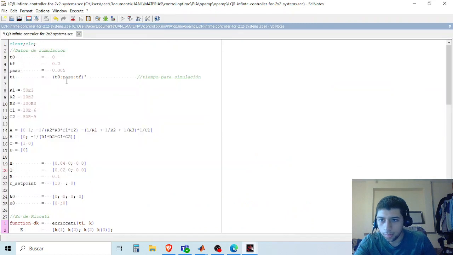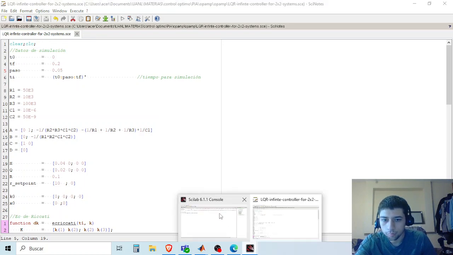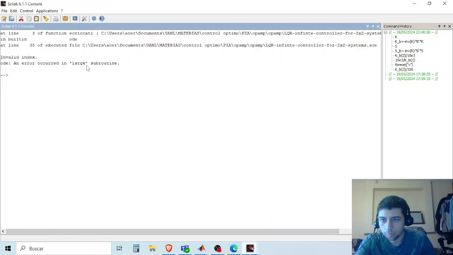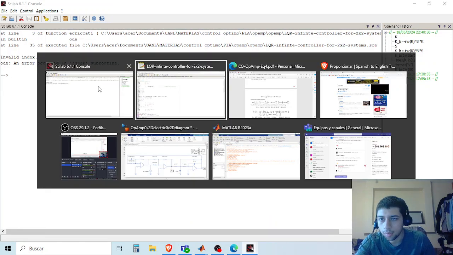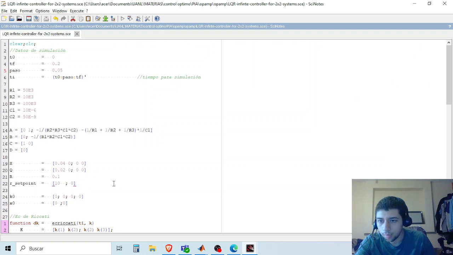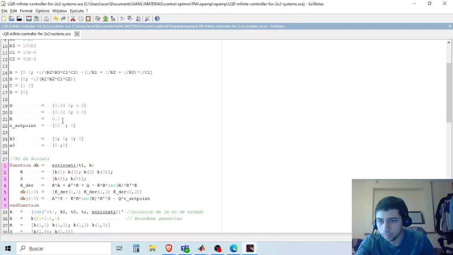Okay, and let me modify the resolution. Okay, it is giving me some errors. Okay, here I have some problems. So I made a mistake. So here it is 0.04 and here it is 0.02.